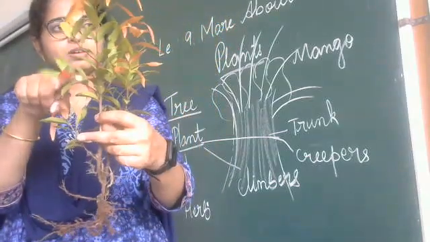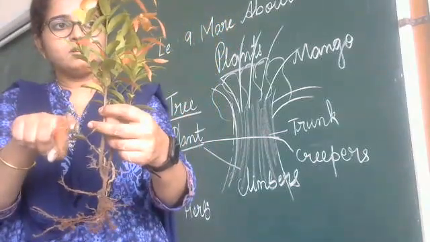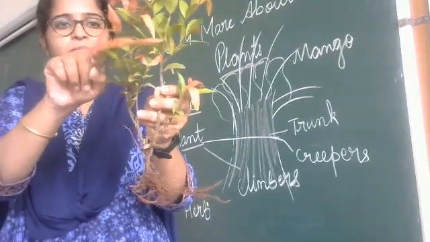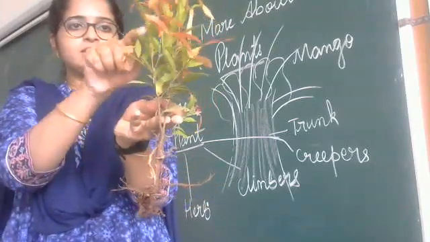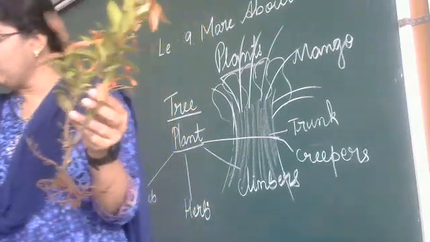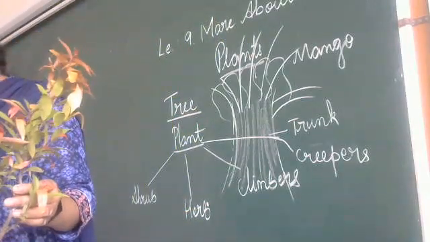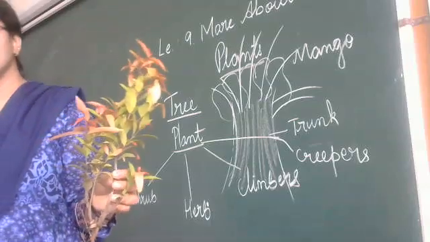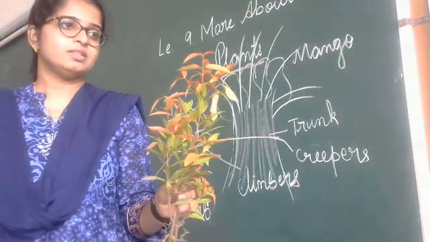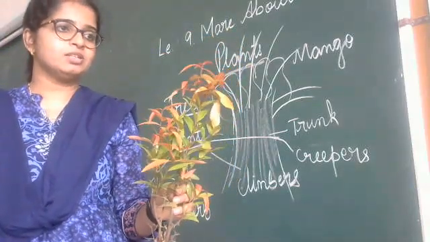The shrub may have many branches. Cotton, tulsi, and rose plants are examples of shrubs. Have you seen a cotton plant?